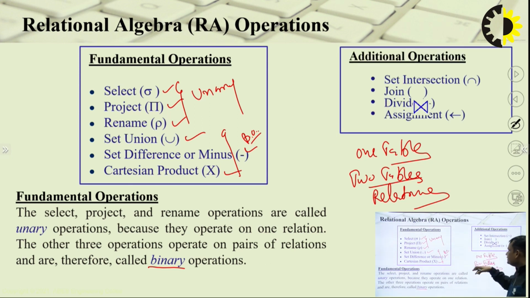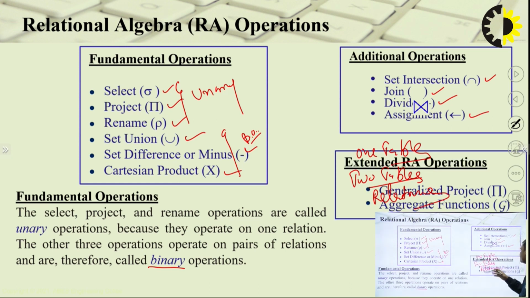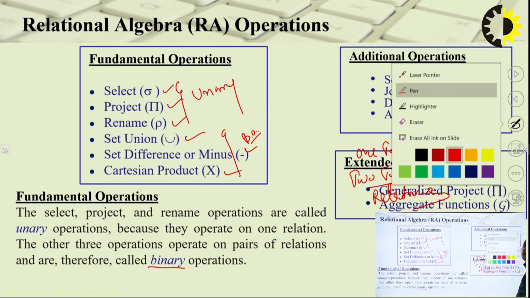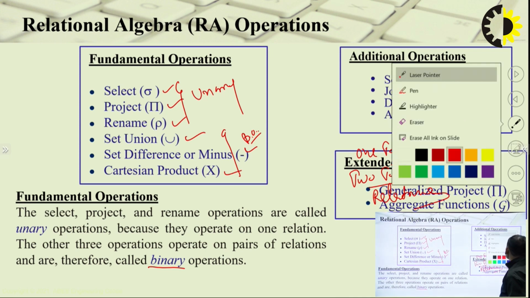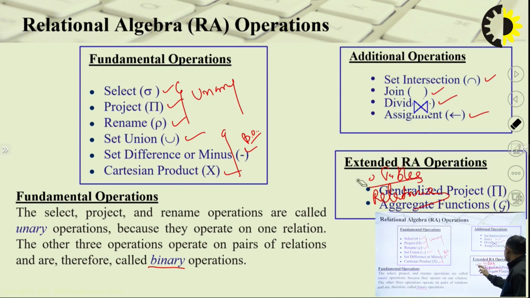These are the fundamental operations. The additional operations are: first, the intersection operation; second, the join operation; third, the divide operation; and fourth, the assignment operation. Some extended operations are generalized projection and aggregation functions.